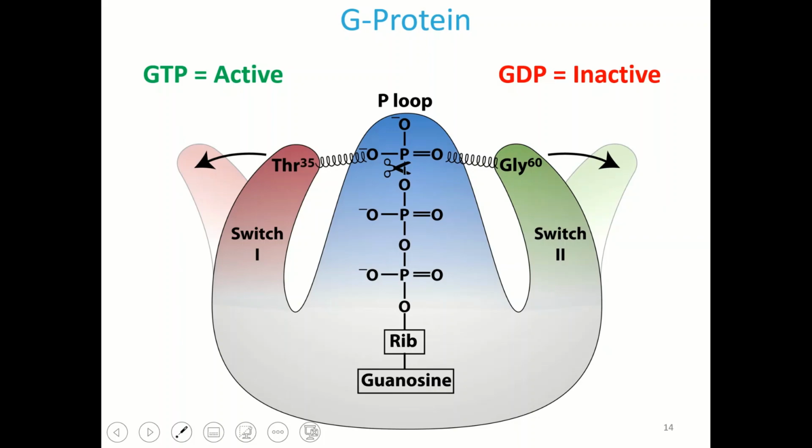Okay, and the reason why these things don't just bind GTP and then stay active forever is that they actually have an enzymatic activity in them, and that is for the cleavage of that terminal phosphate group. Okay, so a G protein actually will catalyze the cleavage of that phosphate group in the GTP, which then inactivates it.